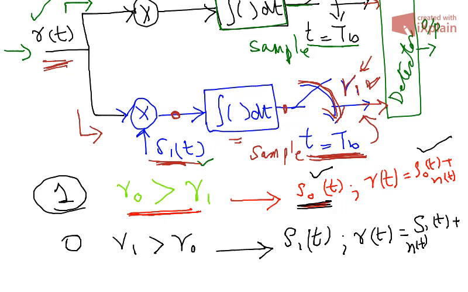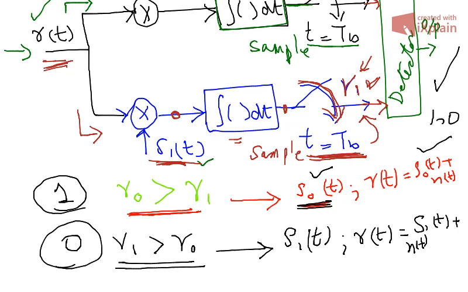And when it detects that r1 is greater than r0, the detector outputs a binary 0. This is how the detector gives you output, a binary 1 or a 0 based on the values of r0 and r1.